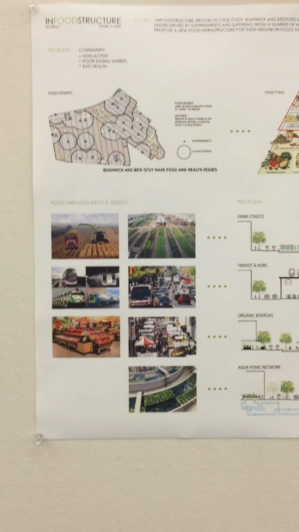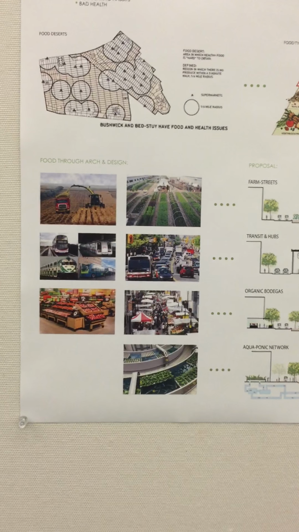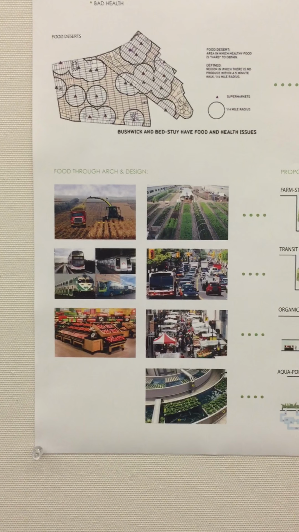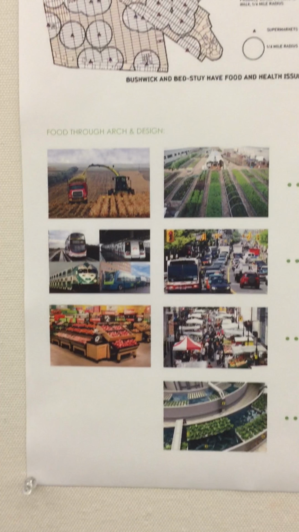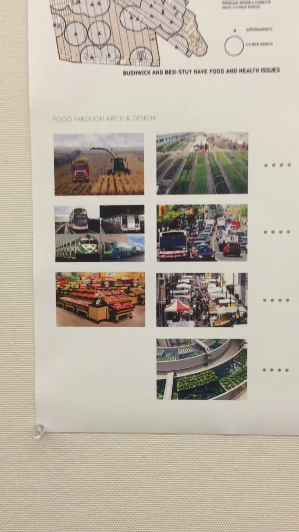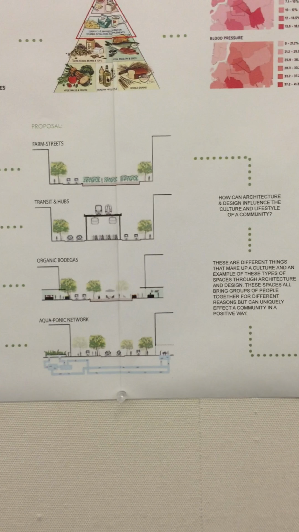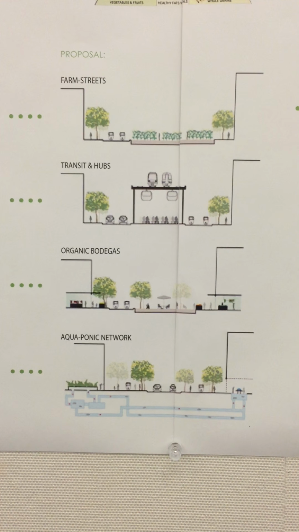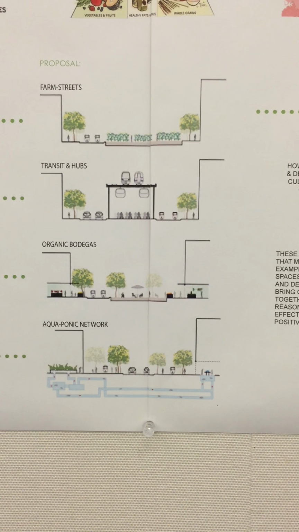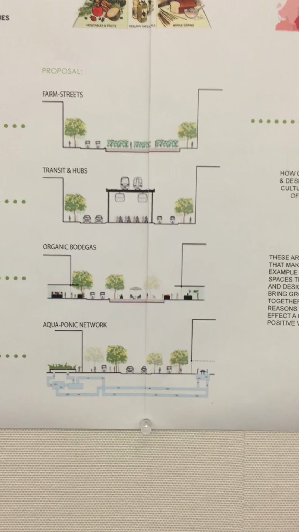They also looked at different examples of infrastructure that would affect food, so farming, markets, and how transportation takes effect as a whole system. And that translates to the design, which is made up of 4 parts: farm streets, transit hubs, organic bodegas, and aquaponic networks.